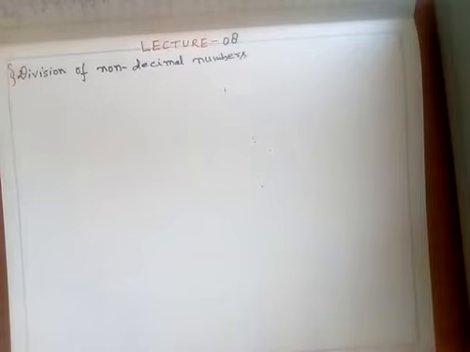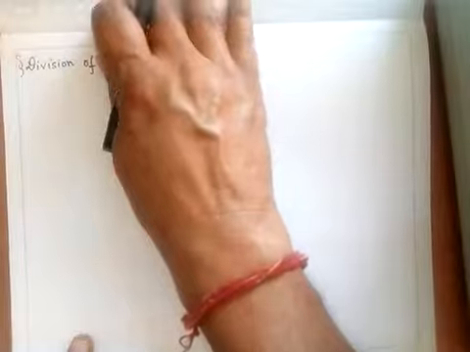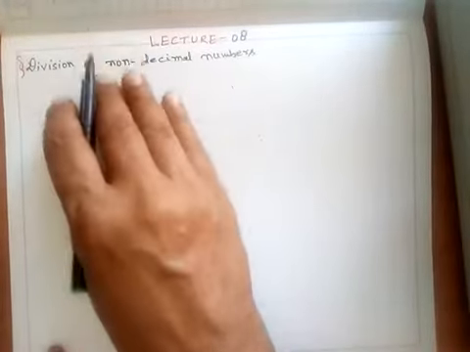Now let's see how we go for the division if you have a non-decimal number. If the number is a non-decimal one, how do we divide such numbers? For example, let's take an arbitrary base.